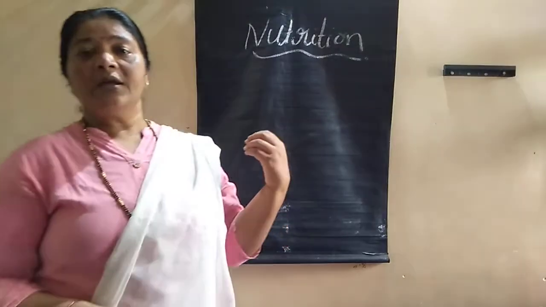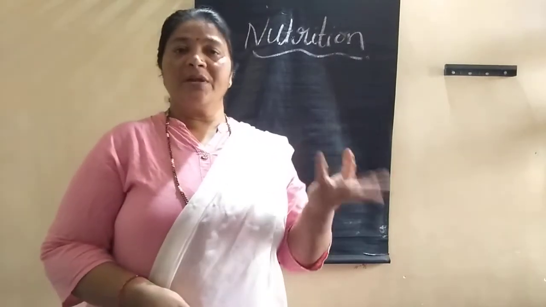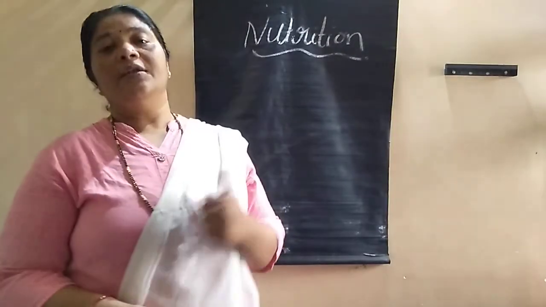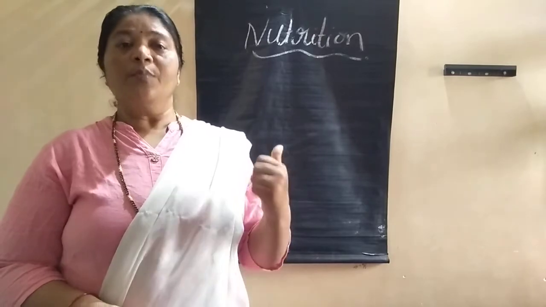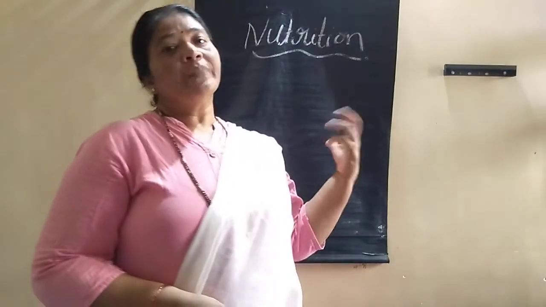Living things taking food inside for their development and growth is considered nutrition. Nutrition is a process of taking food inside for the growth and development of the living organism.